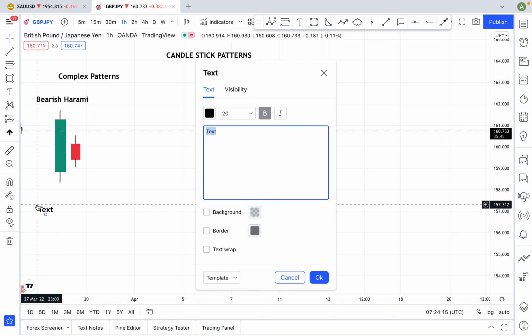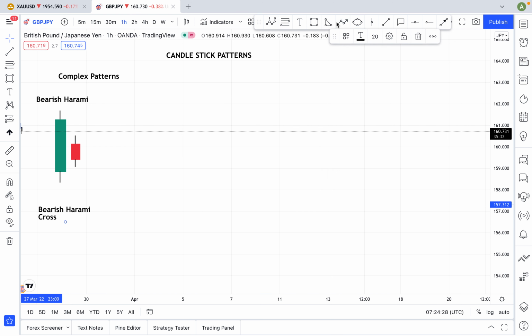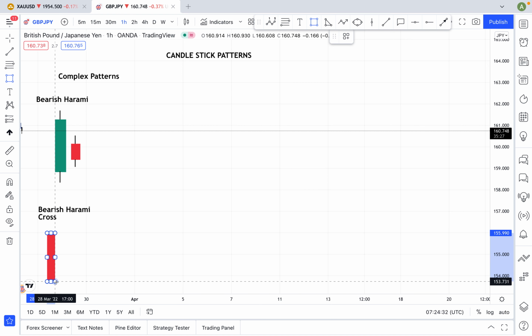We have the bearish Harami cross. It goes this way. You have a buying candle as well.